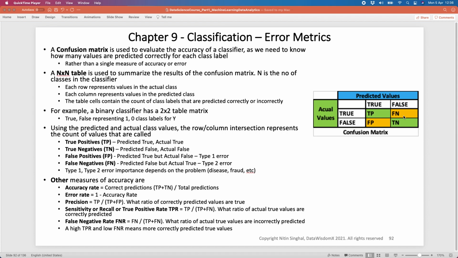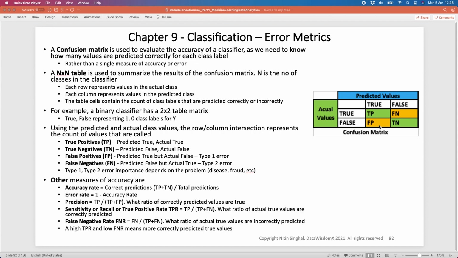Similarly, take the example of disease detection. Let's say the person doesn't have the disease. So in that case, it's false. The actual value is false, but the model is predicting it's true. So it's a false positive or a type 1 error.